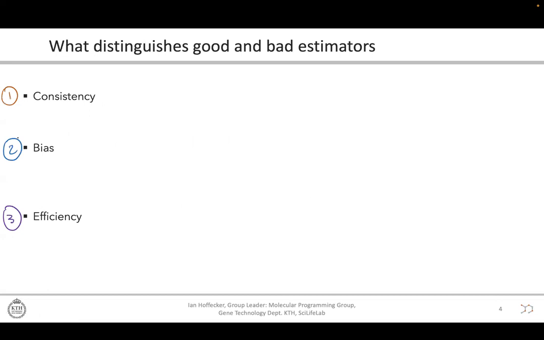So what are estimators? It turns out you can have many different definitions of estimators. So the question is not so much what is the estimator? It's more a question of which estimators should we use, and which ones are good and which ones are bad. And so a good estimator possesses these three criteria. It should be consistent.